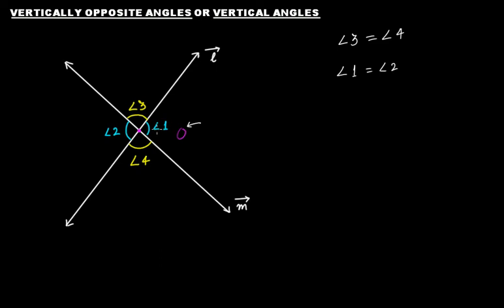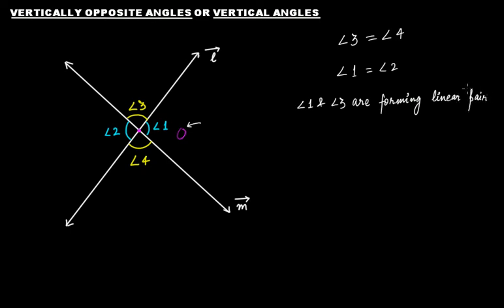These are forming a linear pair, right? This is a straight line. A line is intersecting it here, and that's why these two angles are forming a linear pair. These are adjacent angles, but you can see that the non-common arms are opposite. Therefore, angle 1 and angle 3 are forming a linear pair.